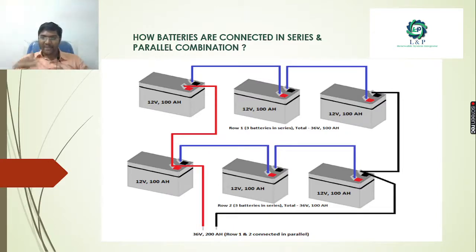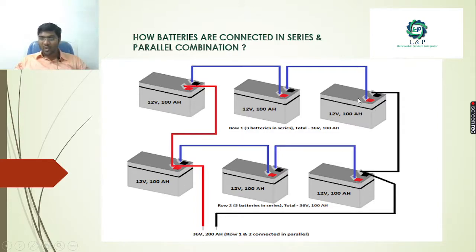So now see what is happening. When we connect these three batteries in series, our total voltage output is 36 volt and the current will be the same, 100 Ah. In the second row, since this is also a series connection, the voltage sums up to 36 volt and the current remains the same, 100 Ah.